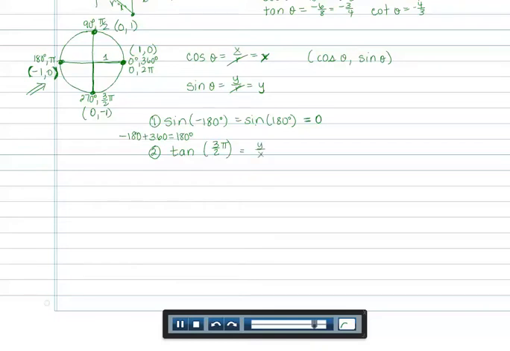The y value at 270 happens to be -1. The x value happens to be 0. Now you can't have 0 in the denominator, so this is going to be undefined. So what you can see is with these problems, as long as you know the definition in terms of x, y, and r, you can literally just look at the coordinate points on the unit circle and be able to answer these questions.